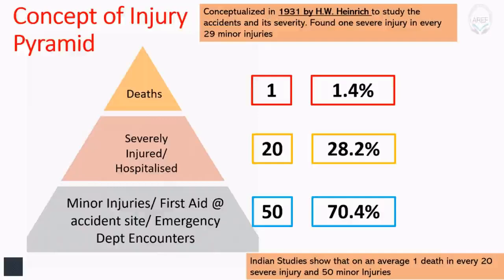So any period of data or any geography's data we can put into this injury pyramid, which will give us a basic understanding of the deaths, severe injuries, and minor injuries in that geography or time period. Overall, the injury pyramid is a good technique for healthcare management professionals who want to reduce the severity of accidents or injuries in a community setup.